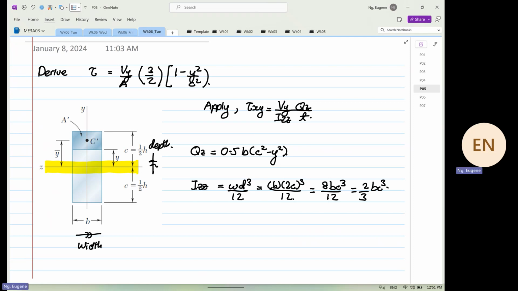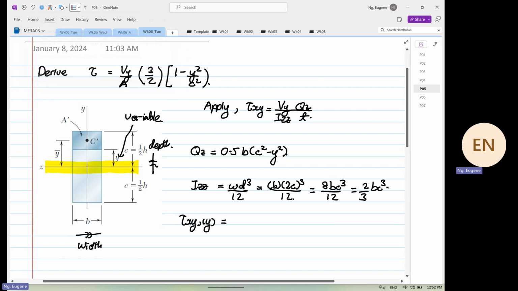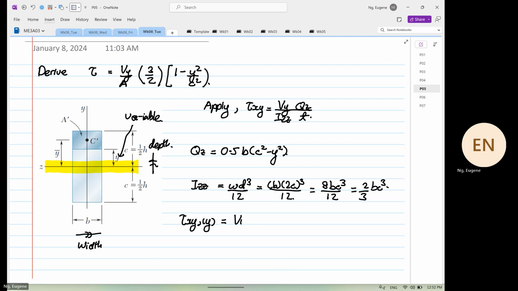So now we can put everything into the formula. Shear XY as a function of Y. Remember what I told you earlier, Y over here is your variable. So from here, we know that Vy, then we have Izz.